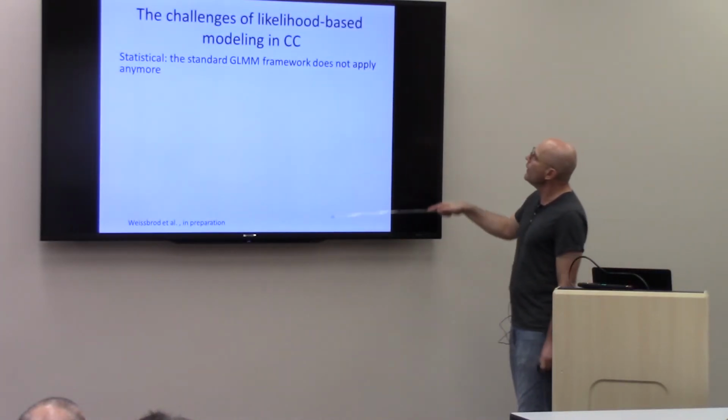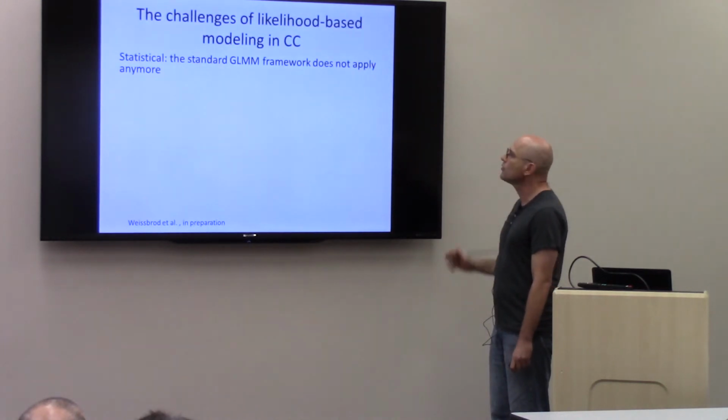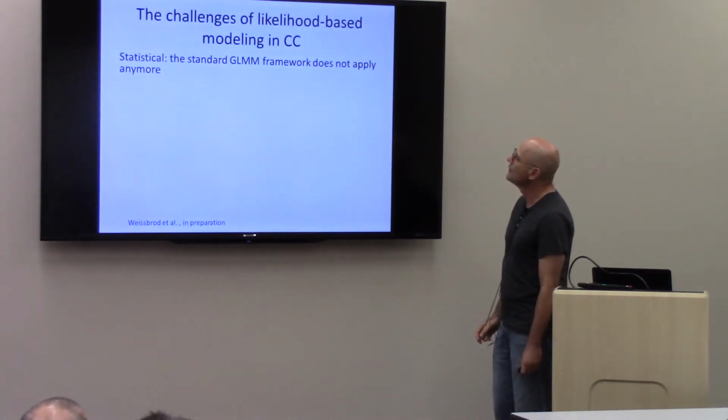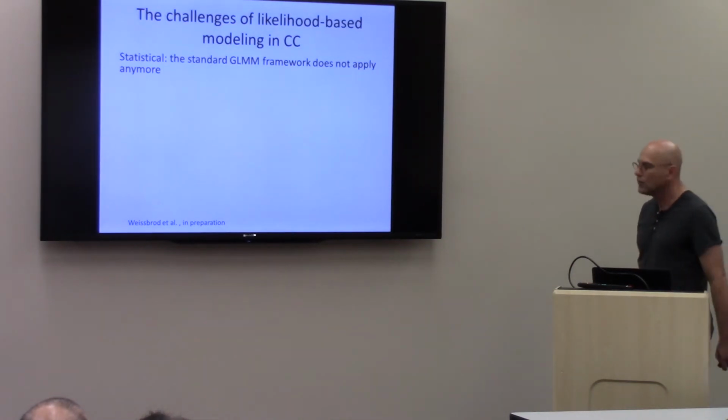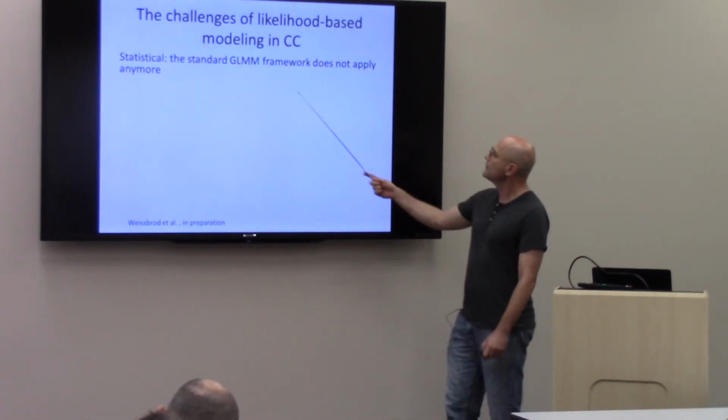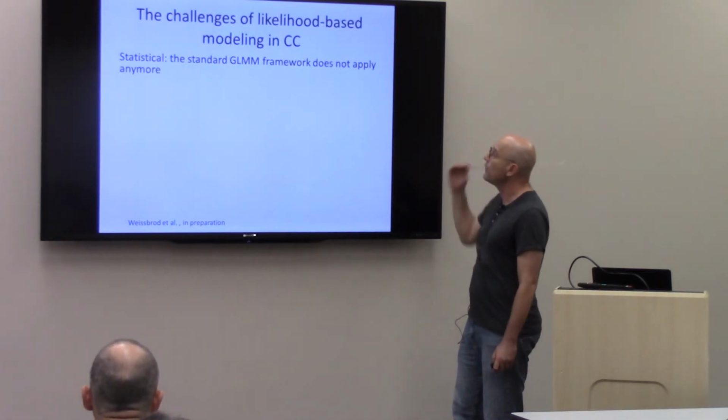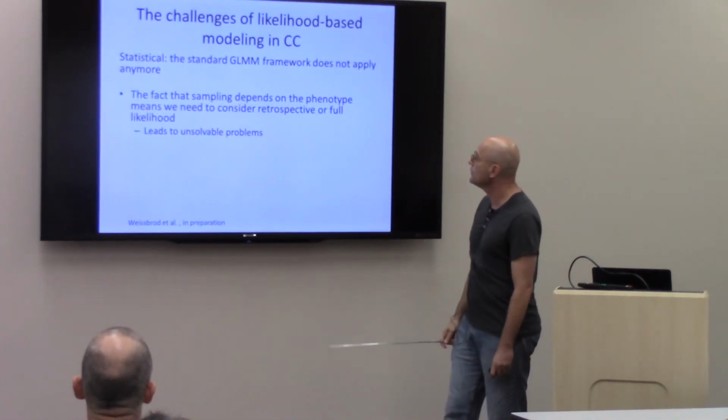Really I'm going to be talking about the challenges and not much about the solutions, because they are really very complicated. But why is it difficult? I think we've touched on it already, but the standard GLMM framework does not apply anymore when we have the case control setting.